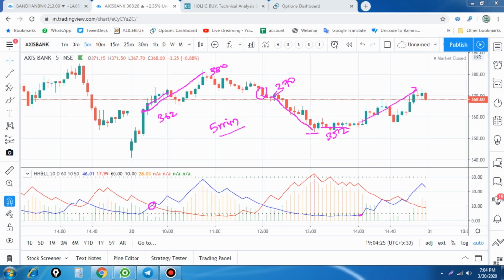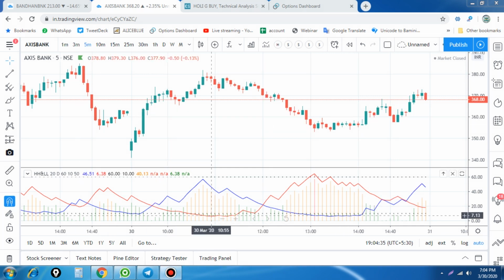From the bottom the blue is increasing, so that simply tells you there will be a reversal in the trend. This is how we effectively use the indicator on the 5-minute chart. You can use the same indicator on any time frame as well as any stock.